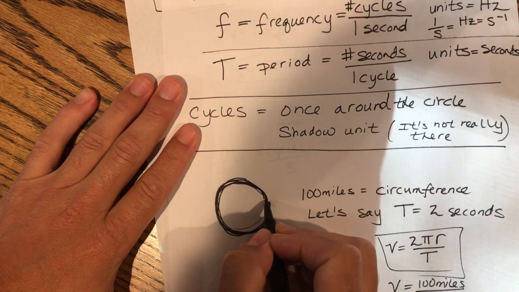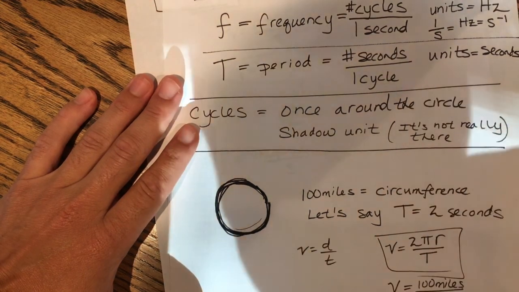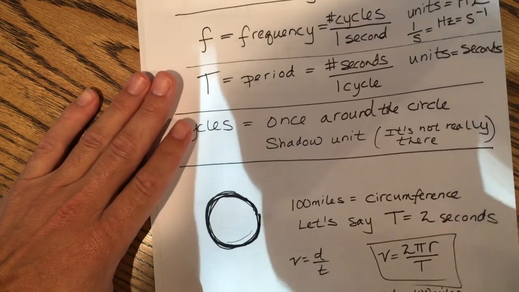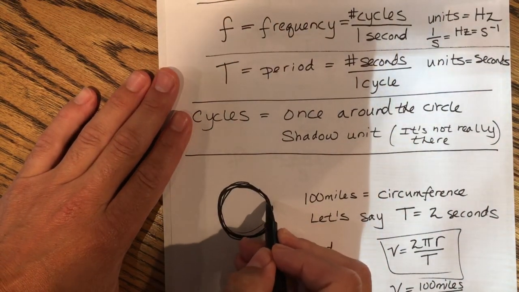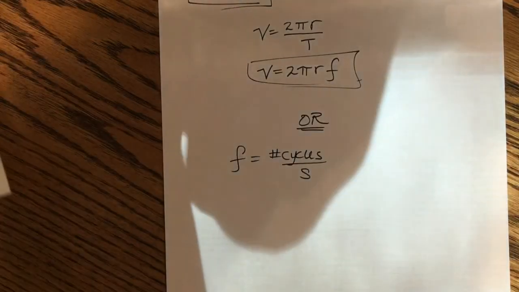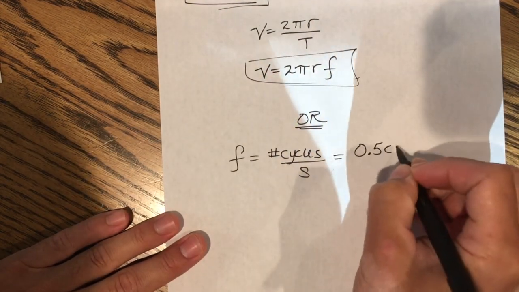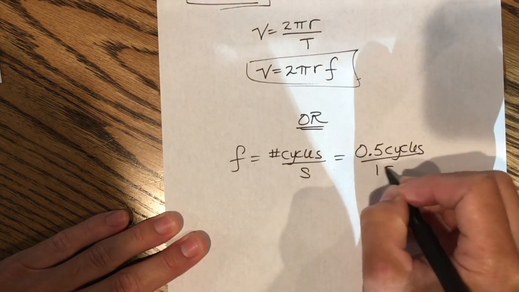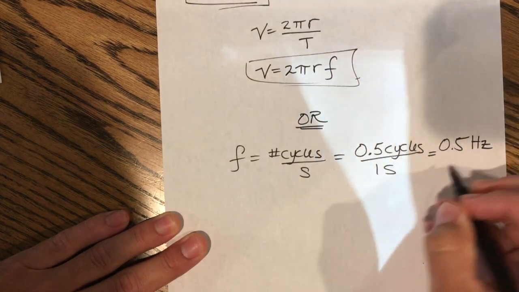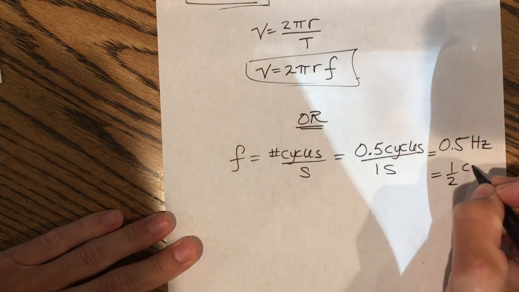If we count it out, 1 1,000, 2 1,000, then in 1 second we go half of a cycle. Therefore, the number of cycles per second is equal to 0.5 cycles per second, which is also equal to 0.5 hertz, or half a hertz, or 1 over 2 cycles per second.